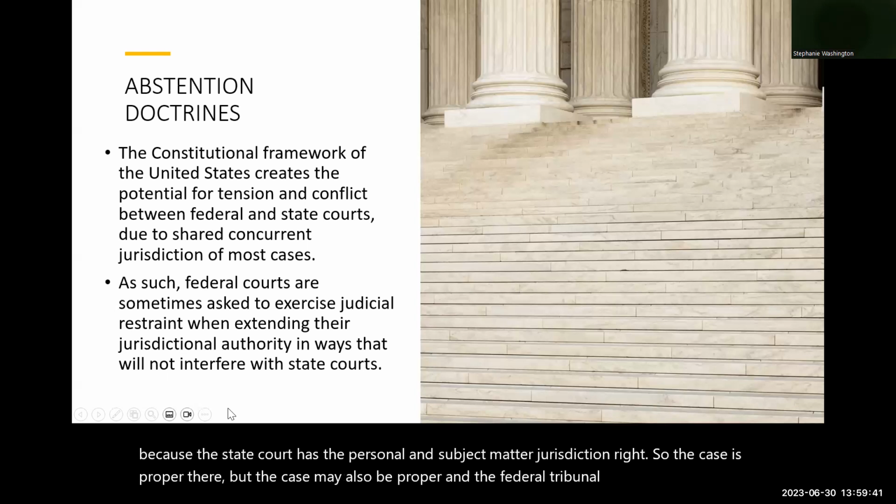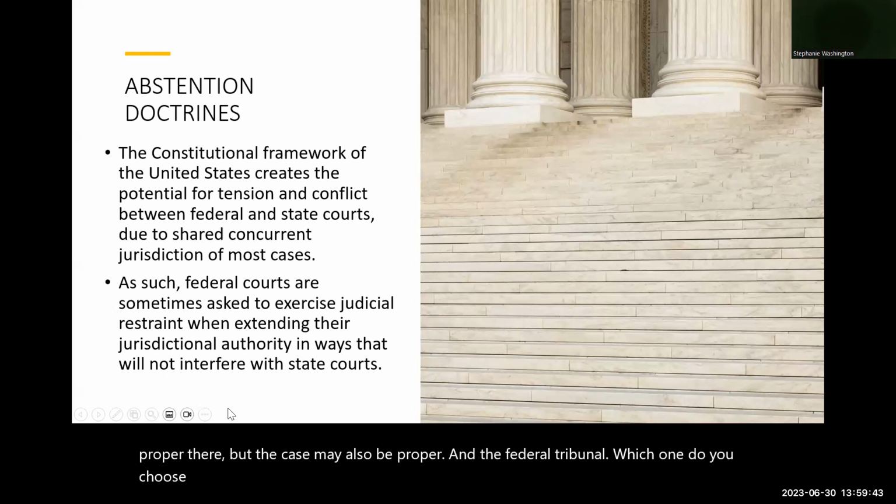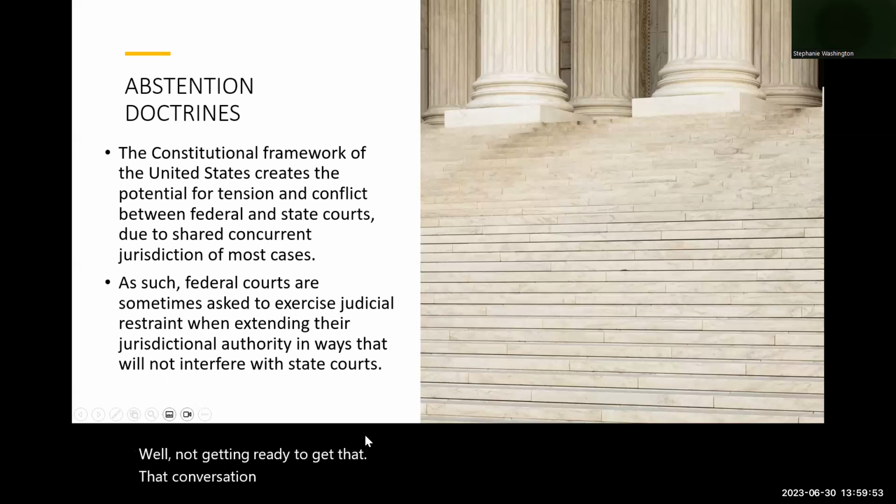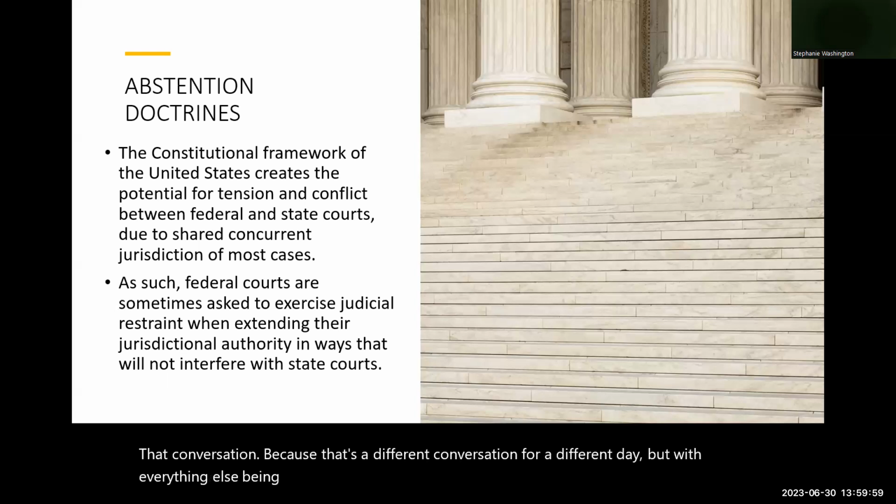Which one do you choose? Why do you choose one over the other? You might even ask, why do we have two? Well, I'm not getting ready to get into that conversation because that's a different conversation for a different day. But with everything else being said, let's take a look at the abstention doctrines.